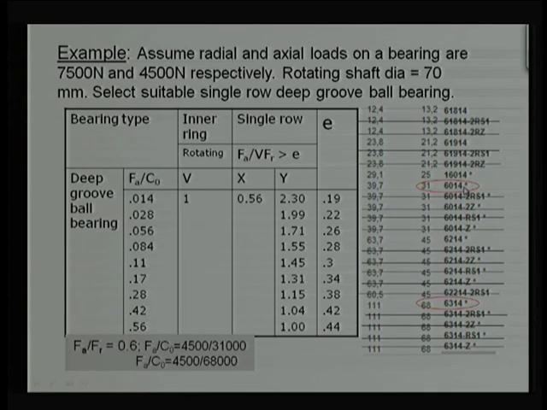Suppose I want to find a bearing from this category, I'll pick up two examples, 6014 and 6314, and find out which is going to perform better, even though we have other options also. Just for example, we picked only two bearings for the time being, and C0 is defined: 31 kilonewton in the first case and 68 kilonewton in the second. That's why it is given here: 4.5 kilonewton divided by 31 kilonewton, and 4.5 kilonewton divided by 68 kilonewton.